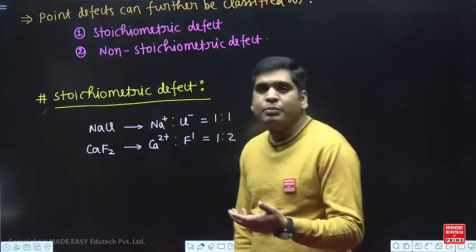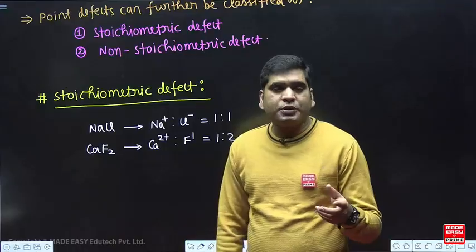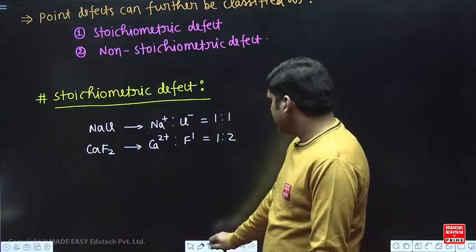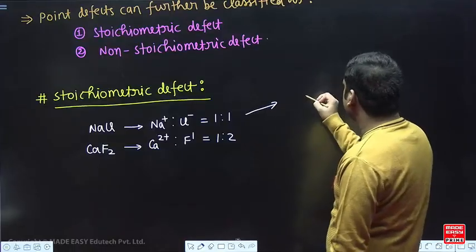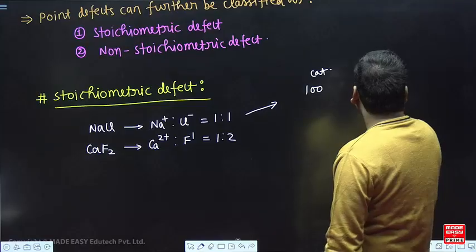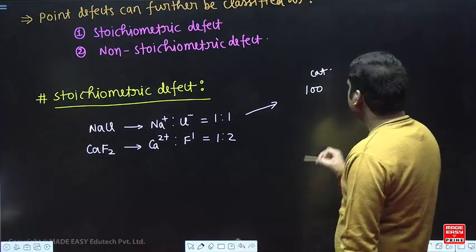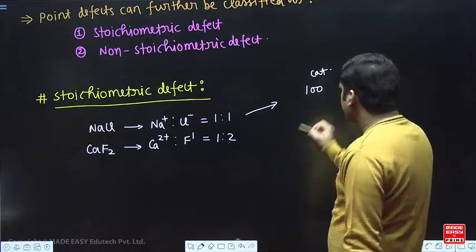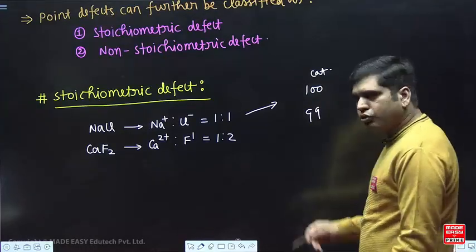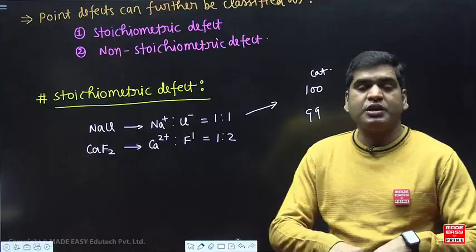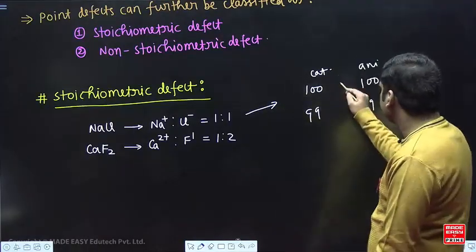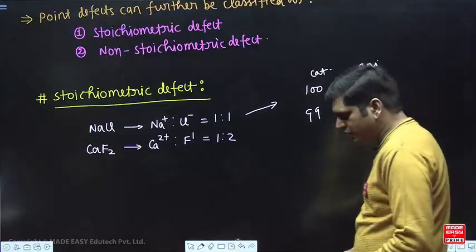Now you see, my dear friend, suppose a defect is formed. Due to the defect, maybe atoms are missing from the material. For example, let us suppose I am talking about NaCl. Suppose you have 100 cations and 100 anions. If any defect is formed such that 99 cations are left and 99 anions are left, although vacancies have been created because atoms are leaving the material, so there would be a vacancy, a defect is formed, you see the ratio is still 1:1.